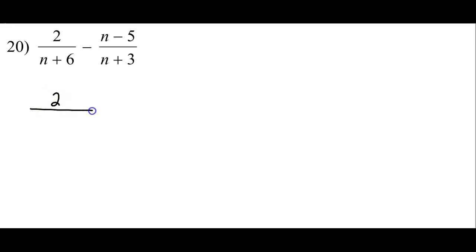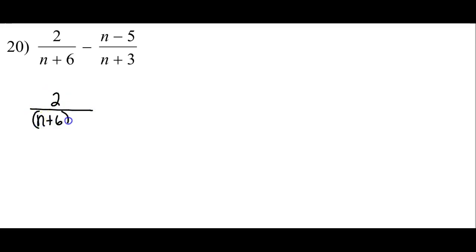All right, let's go ahead and move on to number 20. All right, so no reducing needs to happen here, so we can skip that. There's no factoring that we can do or anything like that either. So what we're ready to do is get these denominators to match. Now, if you can, you factor.